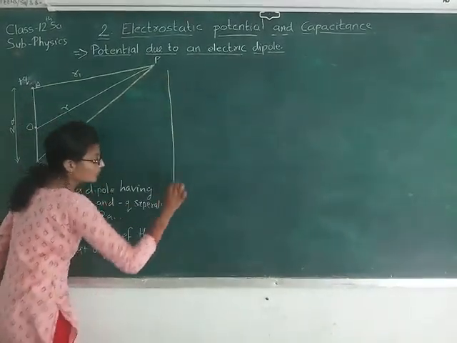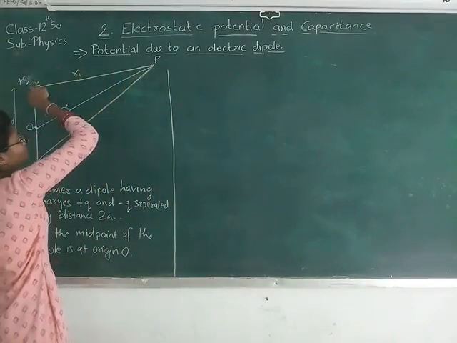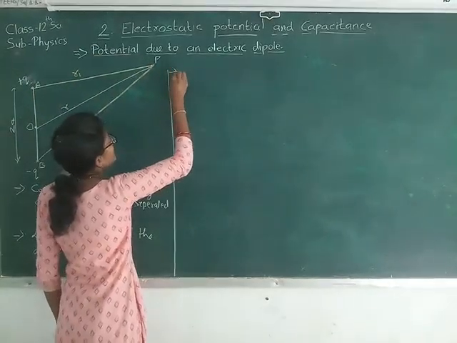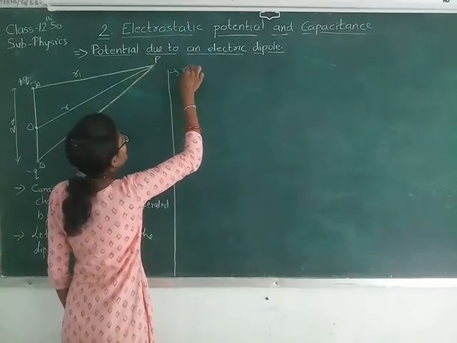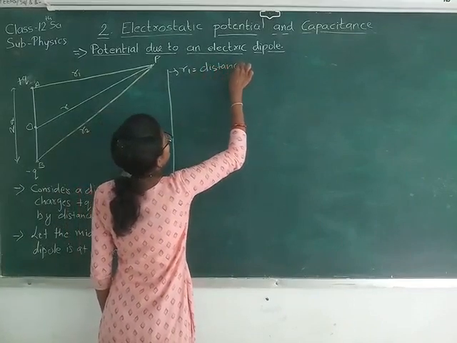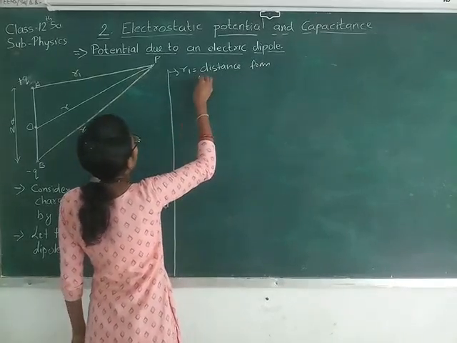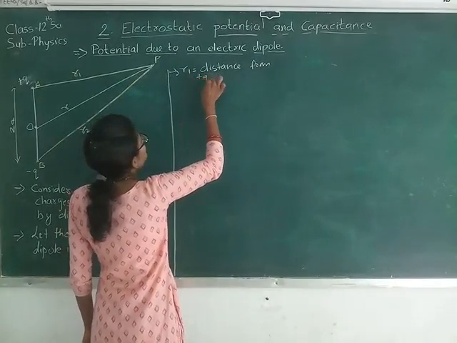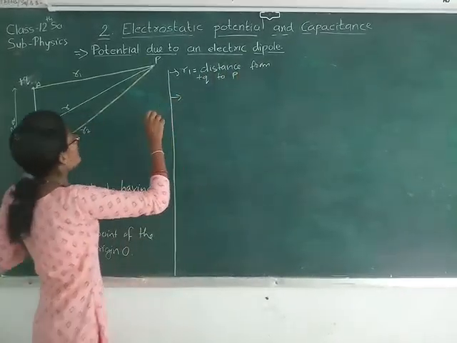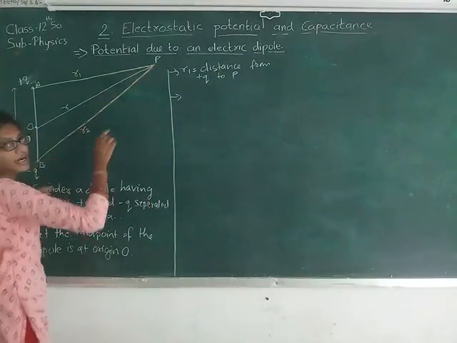Now what we can see over here, the distance from plus Q charge to this point P is R1. So R1 equals the distance from plus Q to point P. From minus Q charge to this point P, the distance is R2.